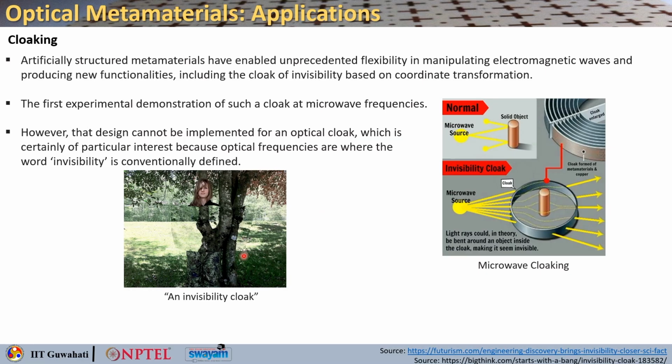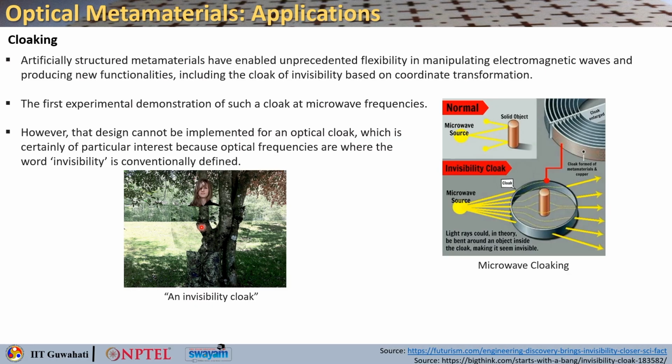So, here is a prediction, or you can say a schematic, of how you want the invisibility cloak to look. There is a lady holding this kind of a cloak which makes her invisible in the part where the cloak is covering her body. So, you can see the tree and the background through it.